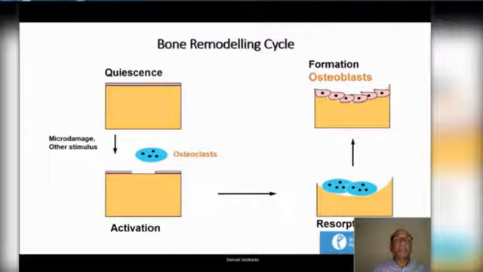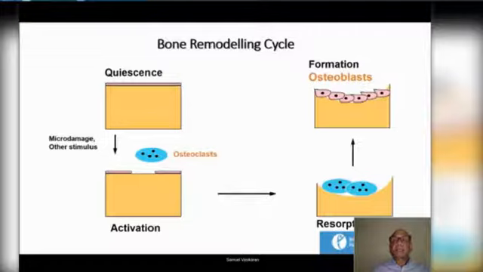So the whole skeleton is continuously being remodeled and renewed to maintain strength and structure. And this remodeling cycle starts with osteoclasts attaching to areas that need remodeling, like areas of microdamage, and the osteoclast then excavating a resorption cavity.